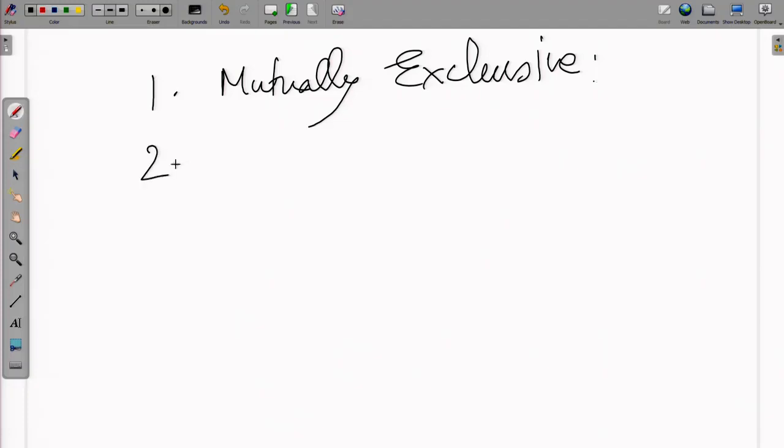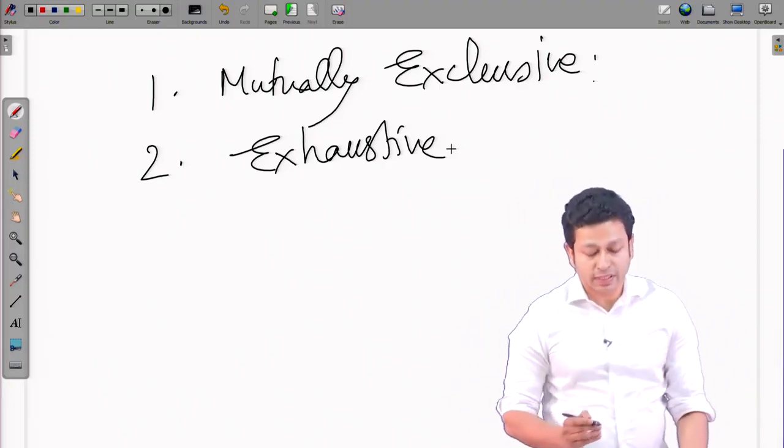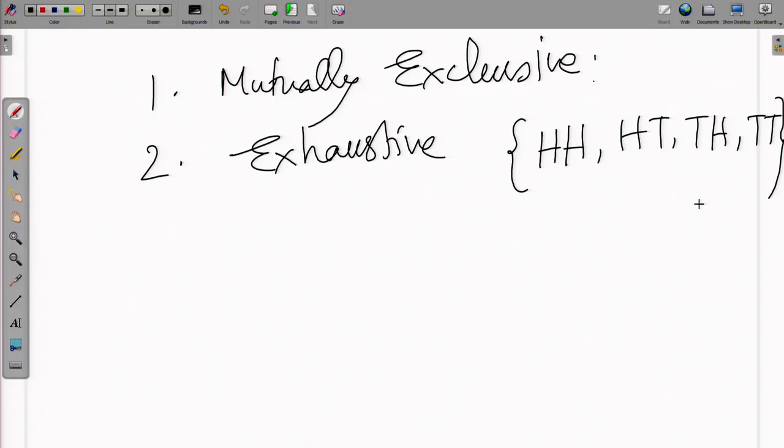Now, the other term that we need to understand is exhaustive. By exhaustive, I mean that all the possible outcomes constitute an exhaustive list of outcomes. For example, if I am tossing two coins, the exhaustive list of outcomes is going to be HH, HT, TH, TT, and it also means that at least one of these outcomes has to happen.